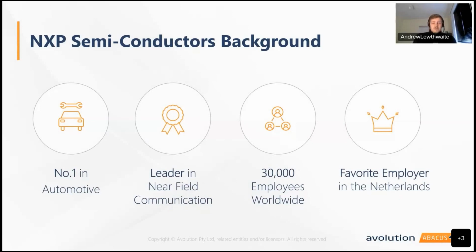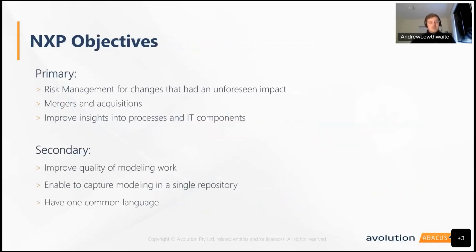However, NXP's objectives were split out into what they've classified as primary and secondary objectives. So the first thing was there were a number of risks, which they weren't too sure about what the impact would be because they didn't have this holistic view of their enterprise. As an organization, they were also going through a number of different mergers and acquisitions at the time, and they wanted to improve how they actually view their technology landscape and business landscape using a tool to support that.